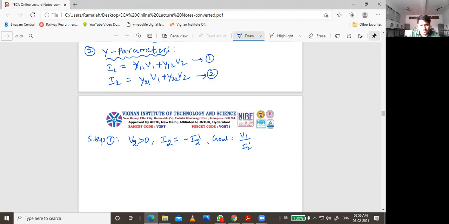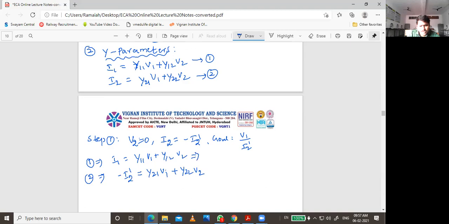From equation 1, I1 equal to Y11 V1 plus Y12 V2. From equation 2, nothing is changing here. I2 is minus I2 dash equal to Y21 V1 plus Y22 V2. We want V1 by I2 dash, therefore V2 must be expressed.